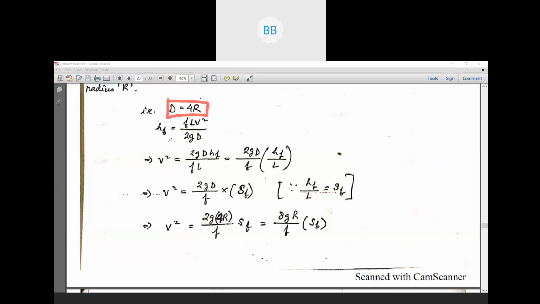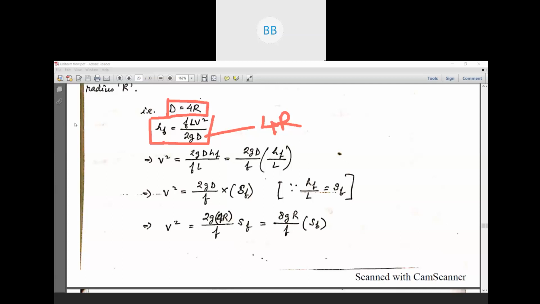This is Darcy's equation: hf, the head loss due to friction, is equal to f L V square by 2 g D. In place of this D, we are going to replace D by 4R for open channel flow. When you are applying this equation for pipe flow, it will be f L V square by 2 g D, with no change. But when you apply the same equation for open channel flow, we have to replace this D by 4R.